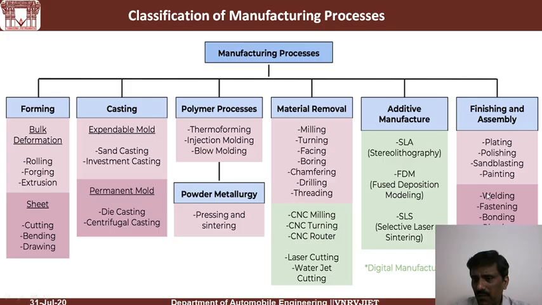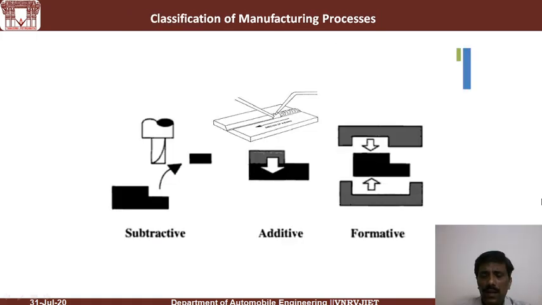The first category of finishing process is coatings, and the assembly processes here are given as welding, bonding, riveting, fastening, etc. So this is a broad classification of manufacturing processes, but we are not going to study plastic processing, additive manufacturing, and finishing like polishing, plating, etc. The remaining we are going to study in this subject.